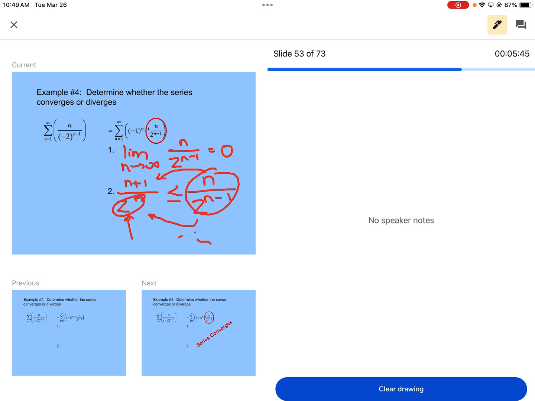Okay? So we know this series converges, yes? Now, there is a way with alternating to talk about a series converging a little bit easier than showing these 2 steps every time. And if there's any shortcuts, we always want to take those shortcuts.